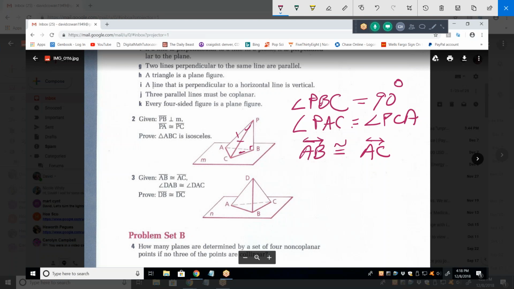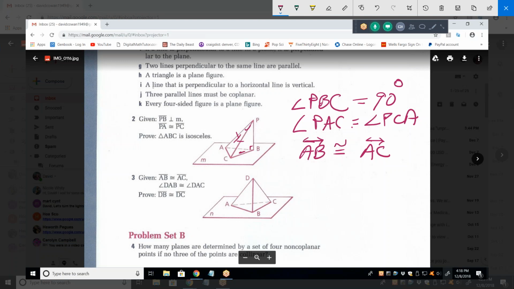And it seems like we should be able to do that. In other words, if this slanted triangle right there is isosceles, then it would seem that the bottom triangle has to be isosceles as long as that's a vertical line, PB. Still we're a ways away from proving it.